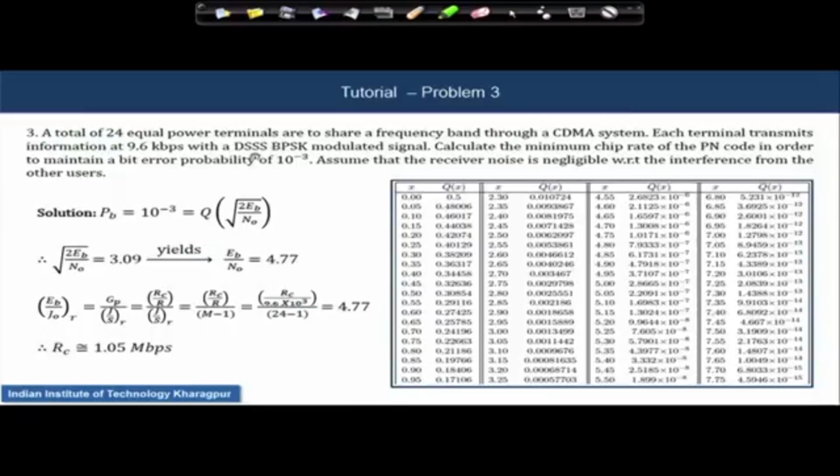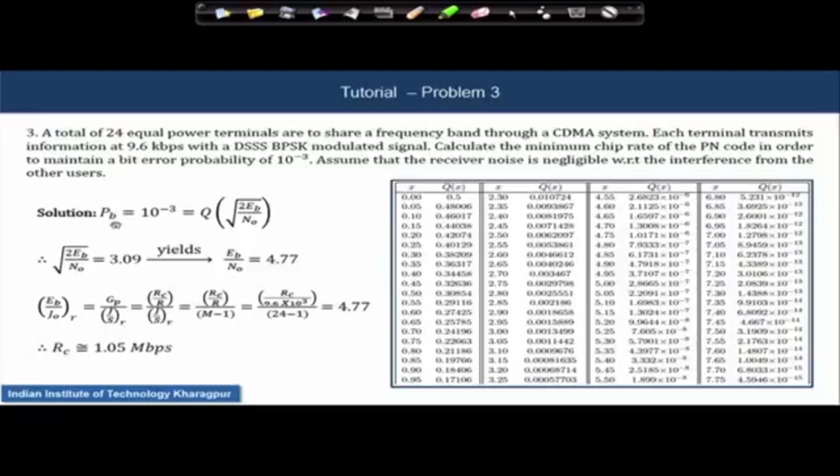Importantly, the system is a direct sequence spread spectrum BPSK system. So this information is crucial because we need to map the 10 to the power of -3 probability to this subsequently. An important assumption is that the receiver noise is negligible with respect to interference from other users.